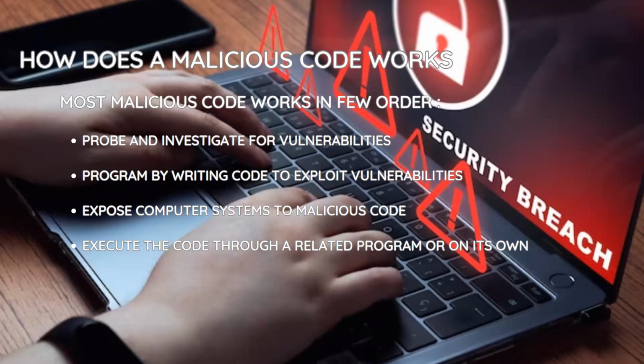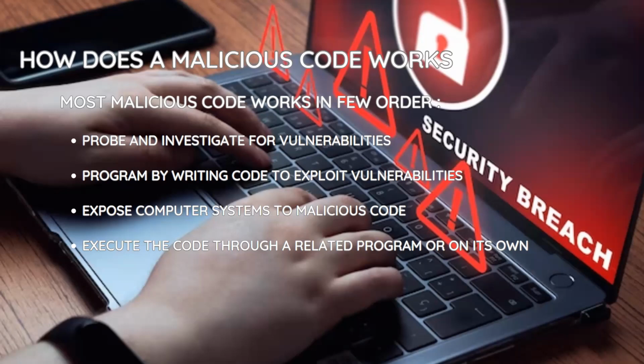The second phase is program, by writing code to exploit vulnerabilities. This is the phase where hackers write code or modify existing code for the malicious activity. The third phase is expose computer systems to malicious code.